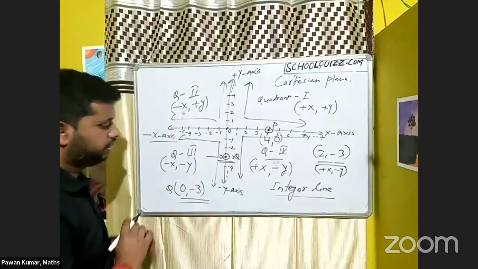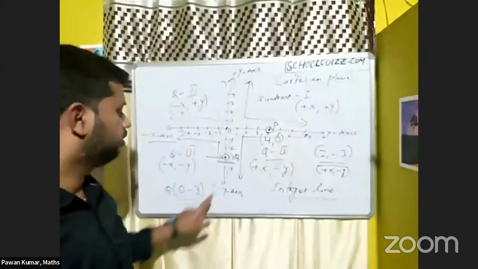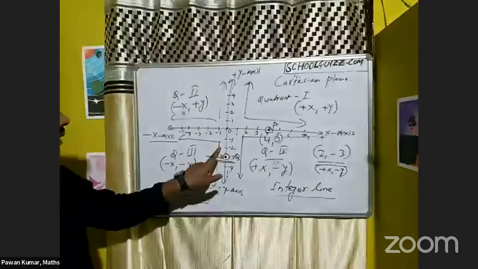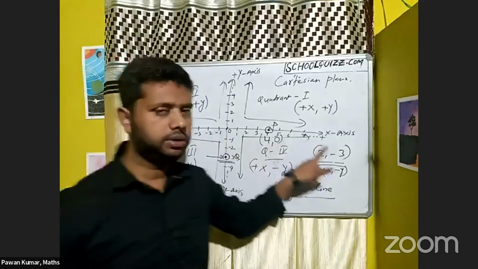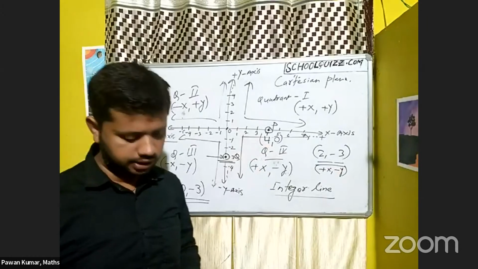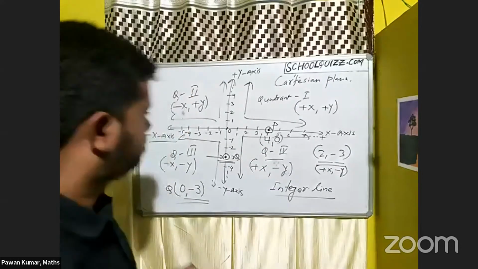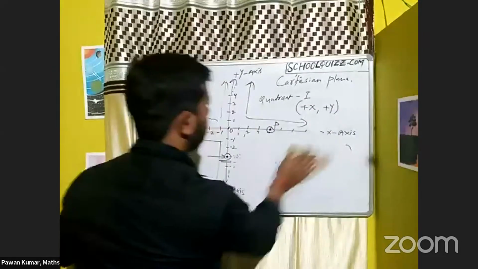So whenever I am representing any point on the y-axis line, x is always 0, and whenever I am representing any point on the x-axis line, y is always 0 here. Correct. So let's discuss one more important point.